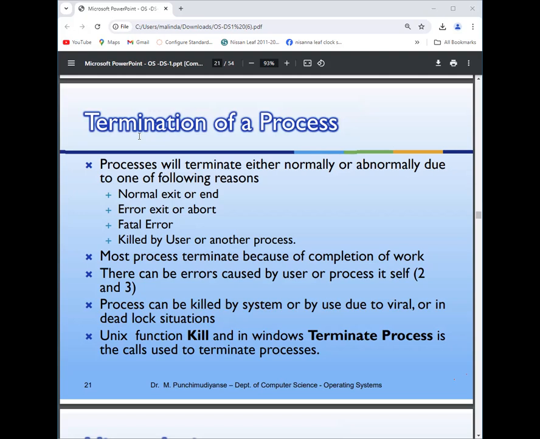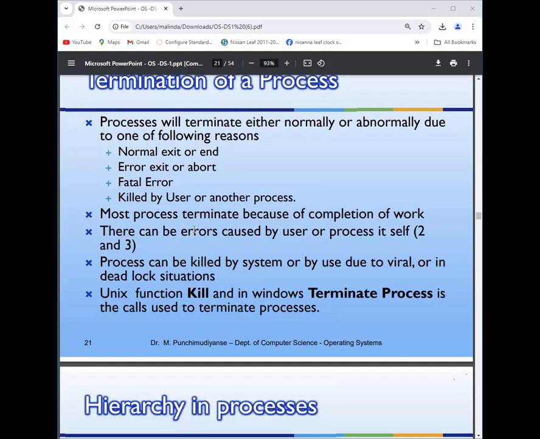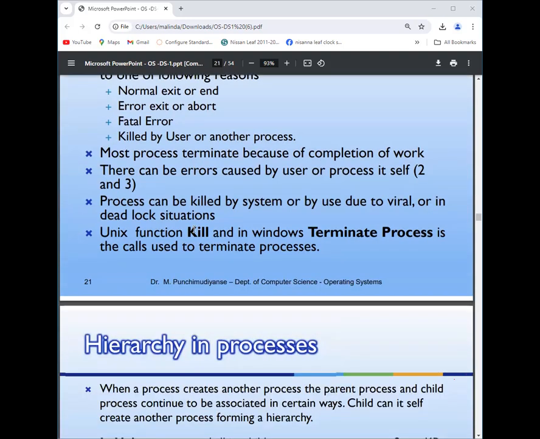And the final one is killed by the user. In Unix, there is a kill command, and in Windows, you have a terminate process system call to terminate the processes. So these are the four types of termination which can occur in a process.